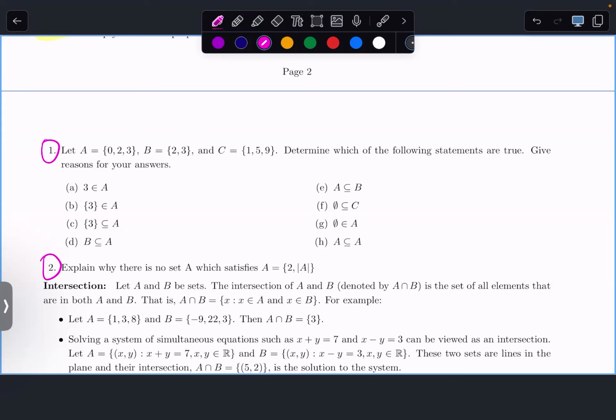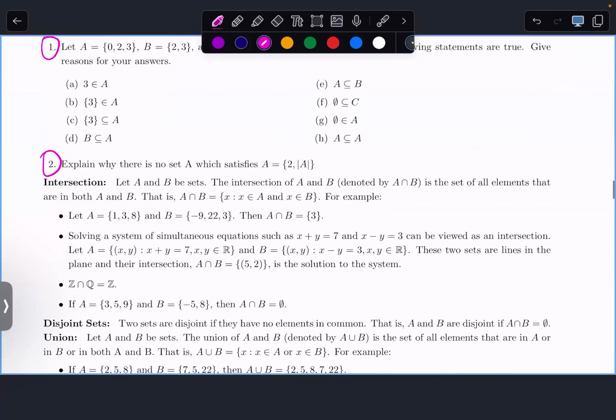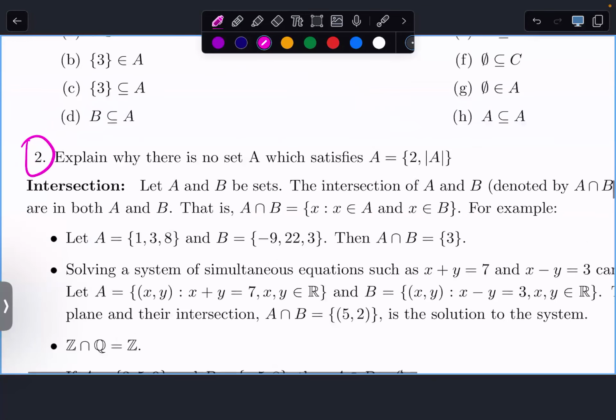First one's true, false. Let's think about this one. Only because I snuck it in there because I thought, oh, that's kind of a fun one. So why is there no set A that satisfies that A is the set of 2 and the cardinality of A? Well, what's the cardinality of A?